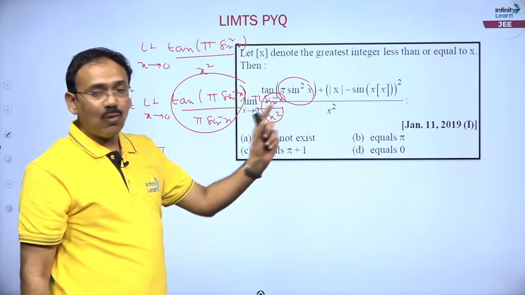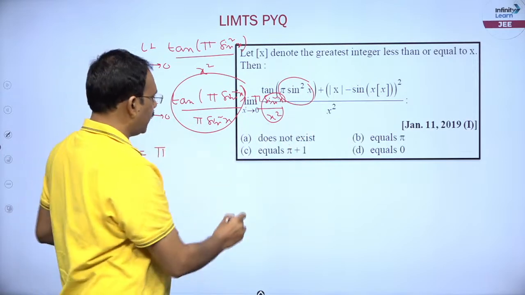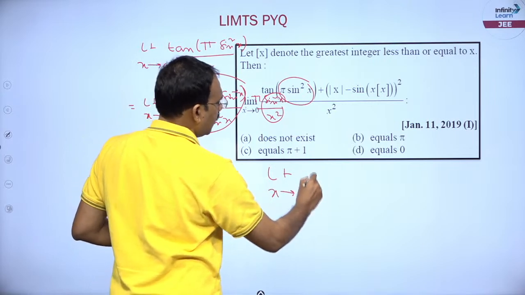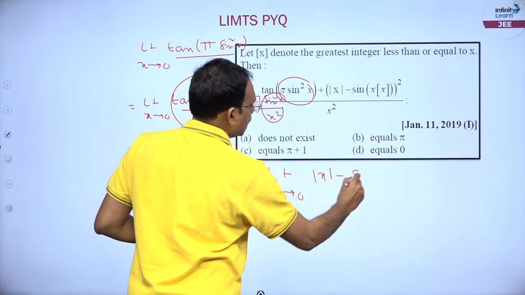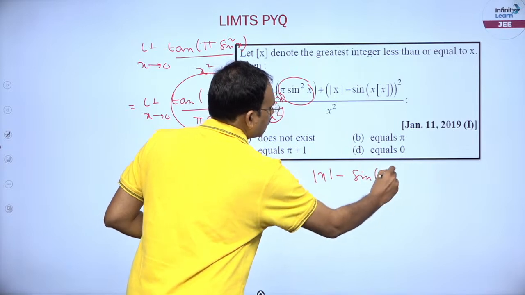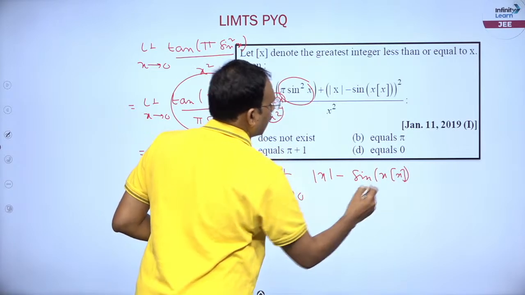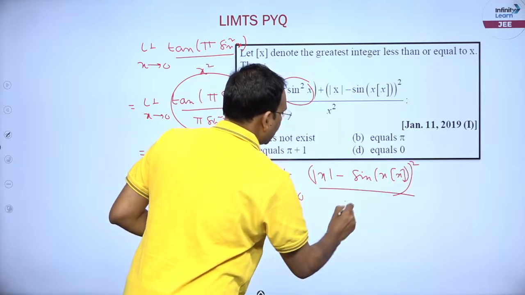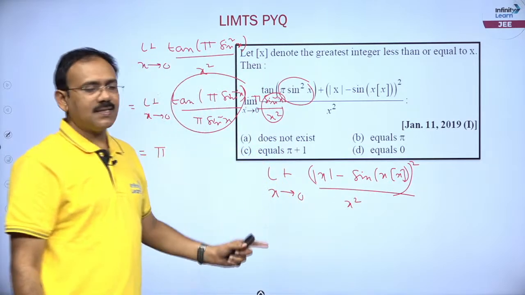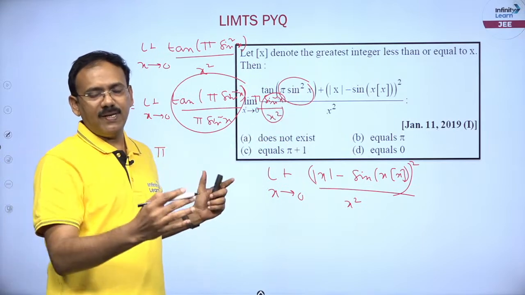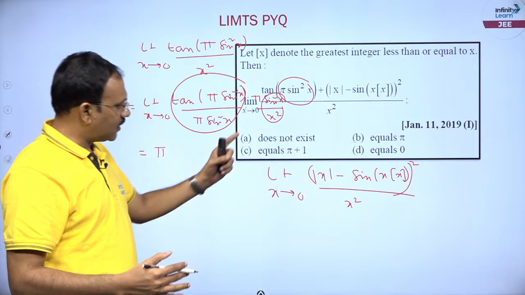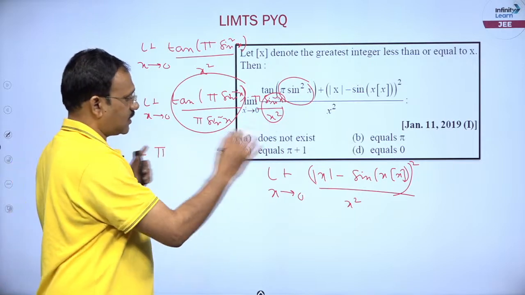I always doubt about the second one. So, limit x tends to 0, mod x minus sine of x into step x, whole square by x square, I take this part, because unless the second limit exists we cannot split as limit f plus g. If both exist we can split, but just for understanding I have split.